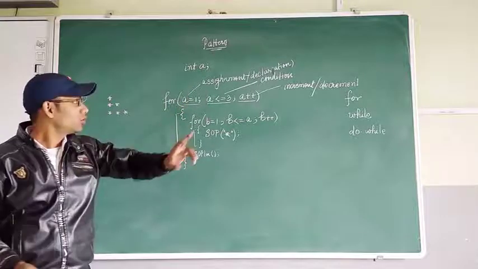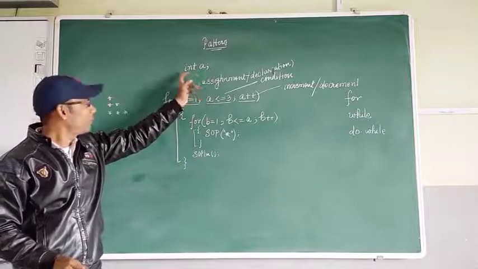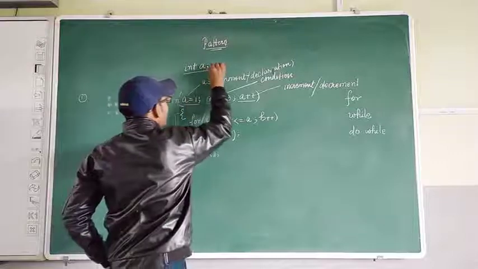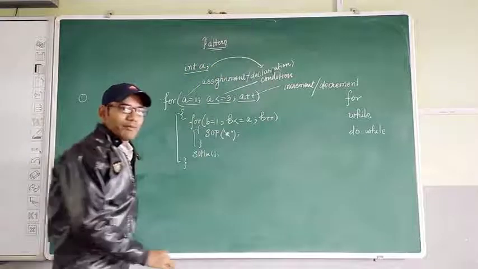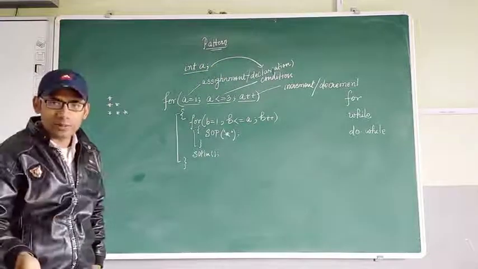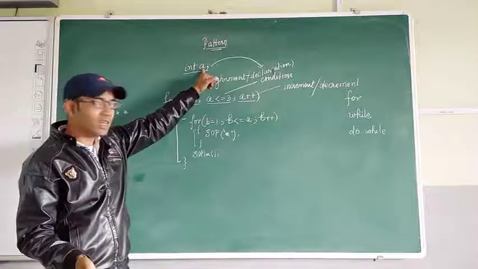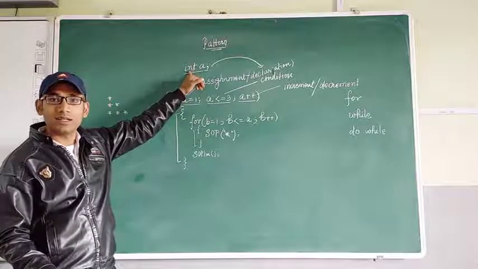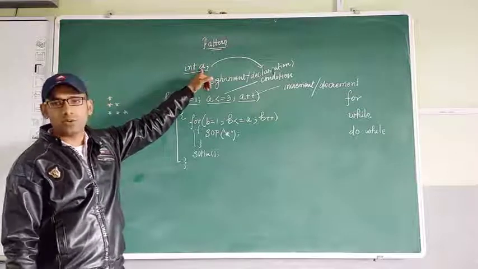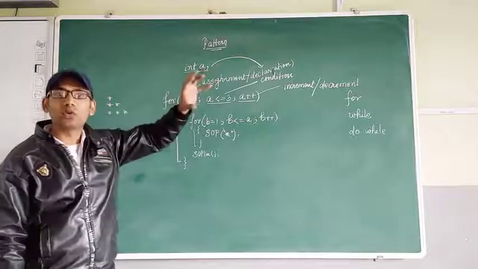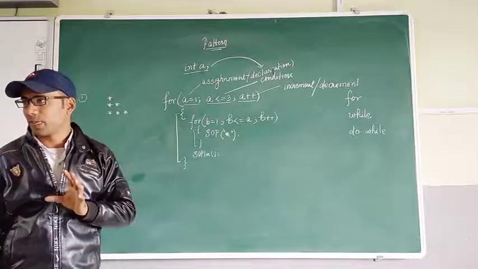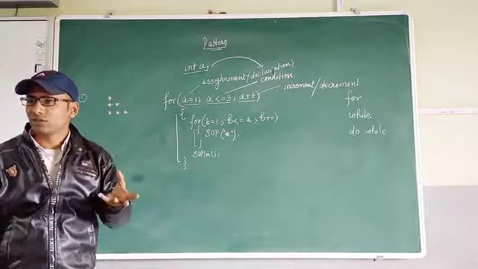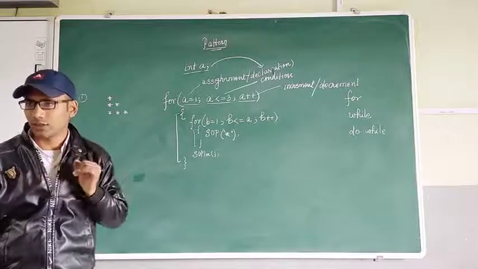So this part is mandatory. This part is known as declaration. I have declared a variable whose name is a and whose data type is int. Clear? That means this particular variable whose name is a can withhold only integer values. Understood? It cannot withhold floating values, that means decimal values or fraction.